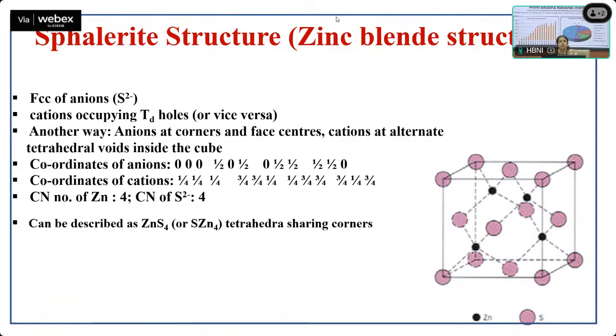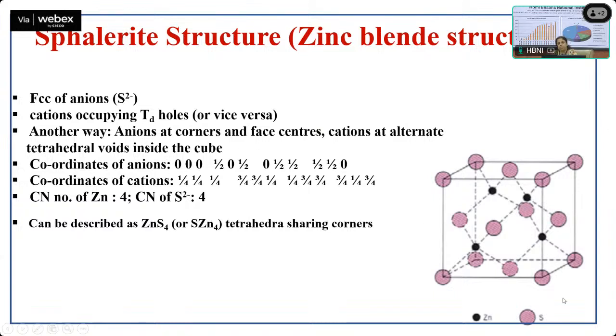it is your wish whether you want to describe it as close packing of zinc ion or sulfide ion. Let us go with close packing of sulfide ion, and here the cation occupies the tetrahedral hole and not the octahedral hole. Or if you define it as zinc forming the FCC, then sulfide occupies the tetrahedral hole.